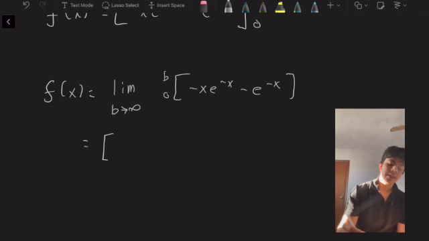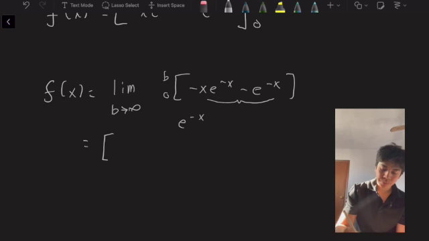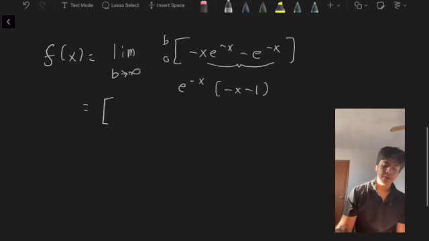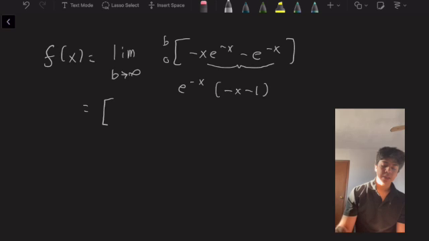So what we should do in this case is pull out an e to negative x so that we get more clarity on what is happening here. e to negative x, and we're going to end up with negative x minus 1, right?